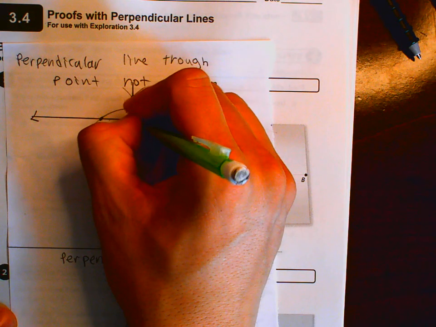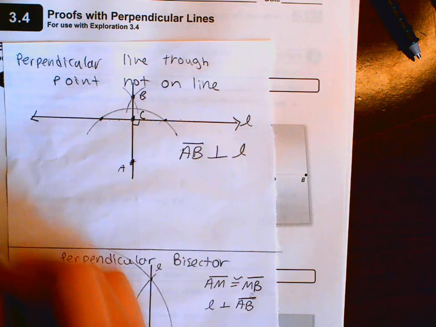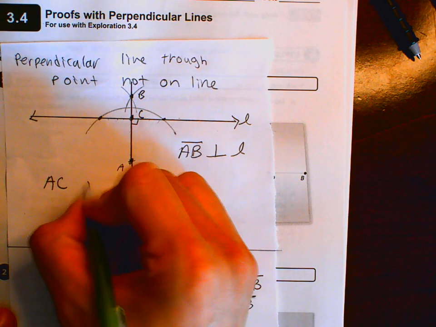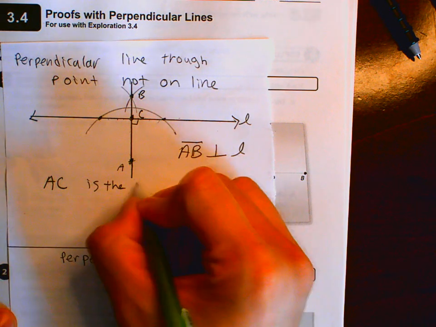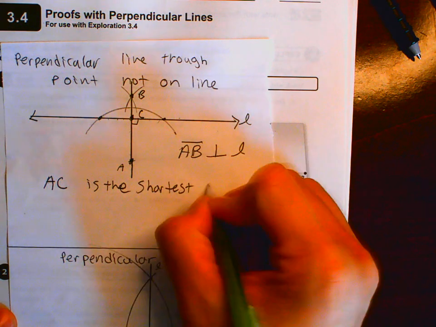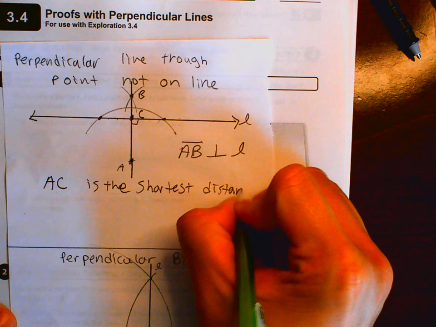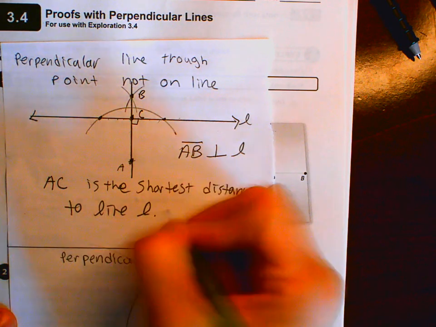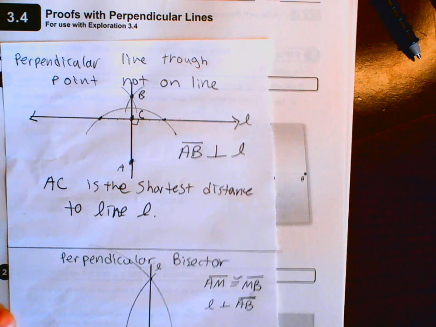So if I were to call this point here C, distance AC is the shortest distance to line L. So what does that mean?